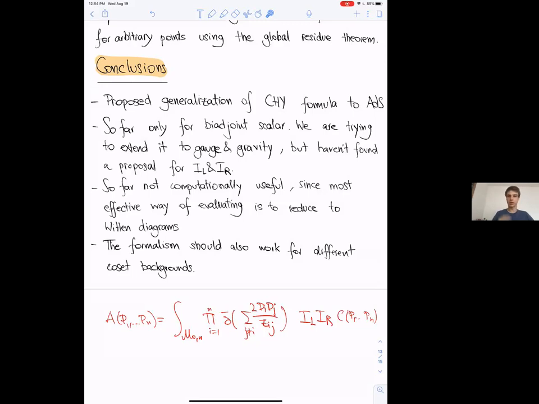Okay, and finally, let me also make the comment that in principle, nothing was extremely specific here for ADS. So most should work for arbitrary coset backgrounds. So all this ambitwistor story, I just needed 2 groups and divide them by each other. So at this level, yeah, nothing can go wrong, I think, if you do it for different coset backgrounds. All right, so I think that's it from my side.